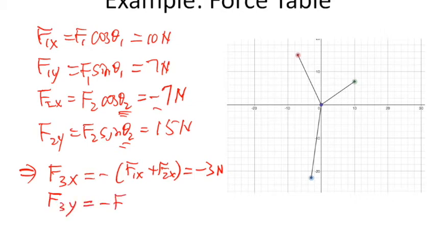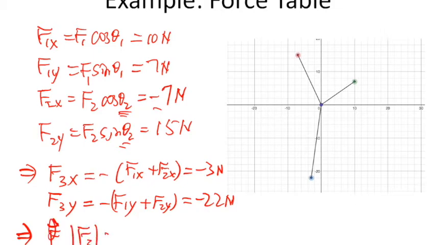F3y should be negative of F1y plus F2y. It should be negative 22 Newtons.